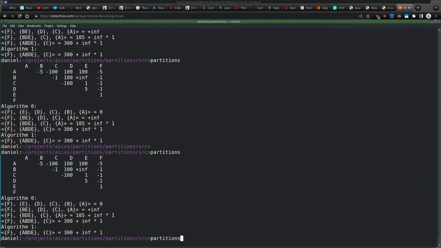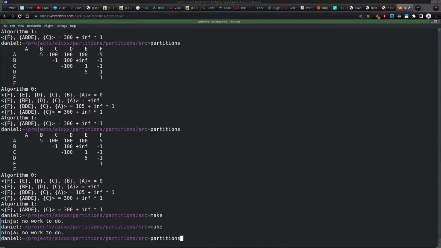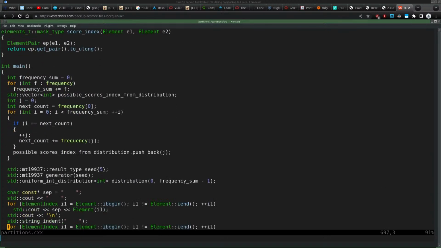Oops. It doesn't look like it changed anything. I'm using a constant seed. Why am I doing that?